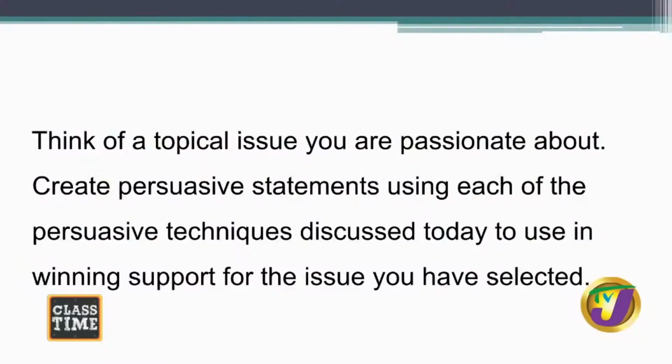All right, so we are at the point where you're going to be using the techniques now to try and bring out different elements of persuasion. So here we have something for you to do. You're going to think of a topical issue that you are passionate about. So start thinking, what do you like? What is something that stirs up your blood?